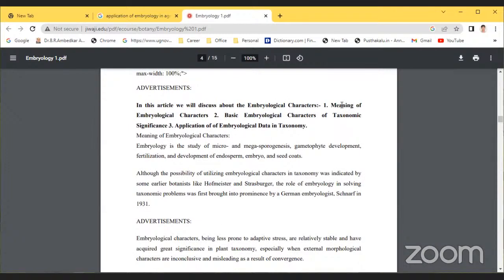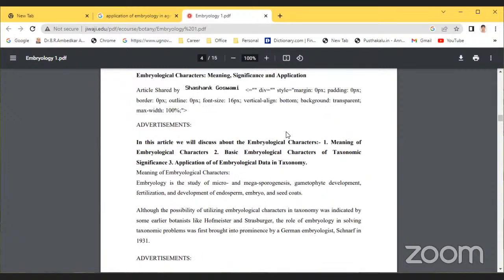The article will discuss the meaning of embryological characters, basic embryological characters, taxonomic significance, and application of embryological data in taxonomy.